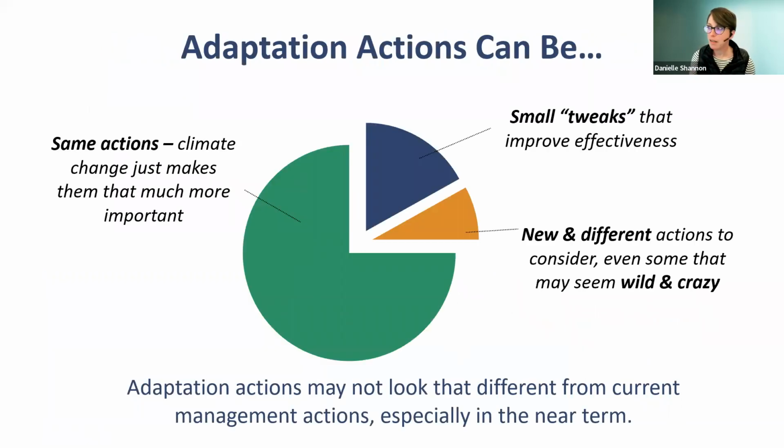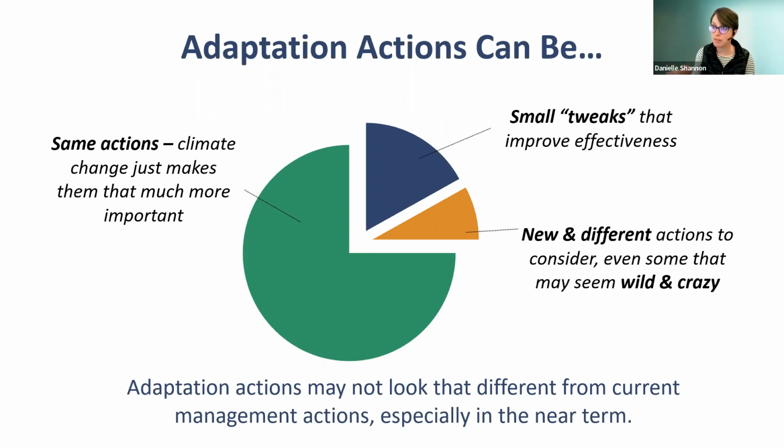But as we get down that road, we do want to point out that when we're talking about adaptation actions, we don't really want you to feel this intense pressure to come up with something brand new. It's more saying, as you're looking at the actions that you might take to help the ecosystem overcome these climate vulnerabilities and challenges, it's okay if some of them are the same actions that you may already be using, right?